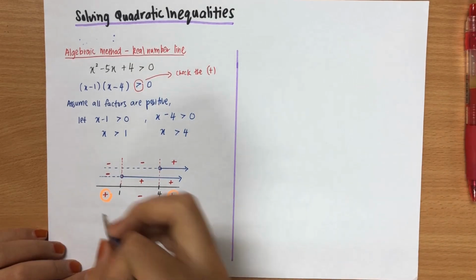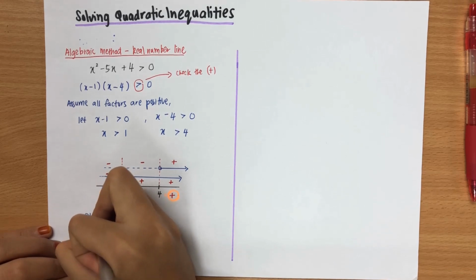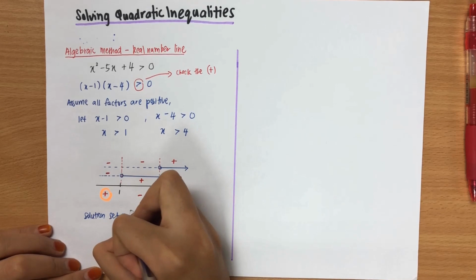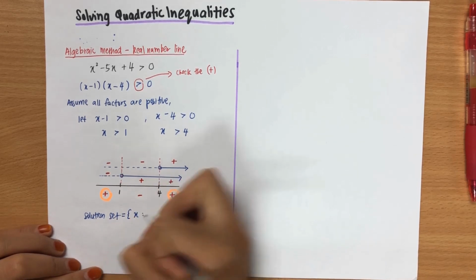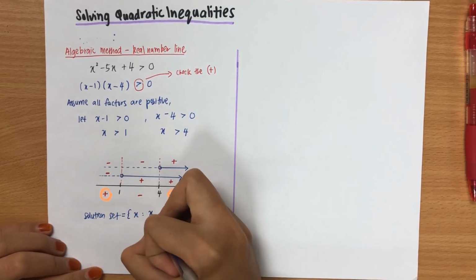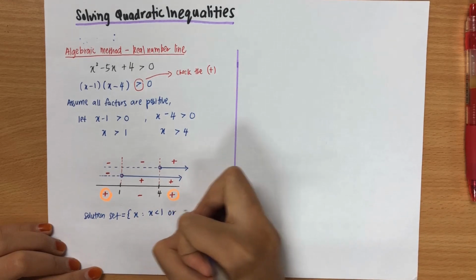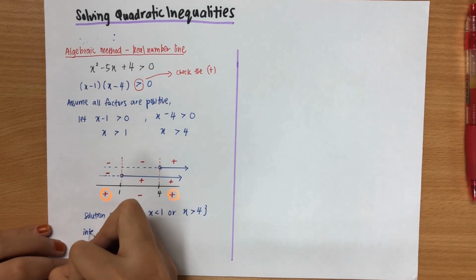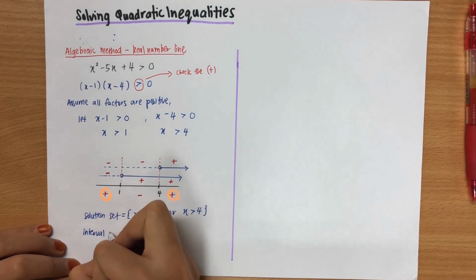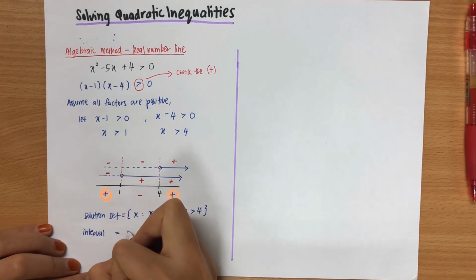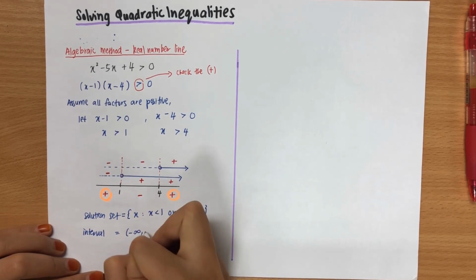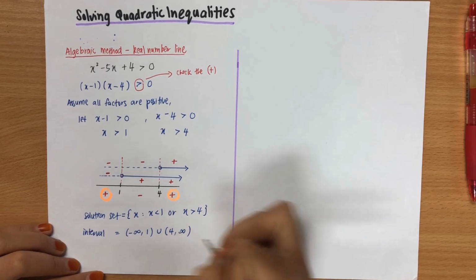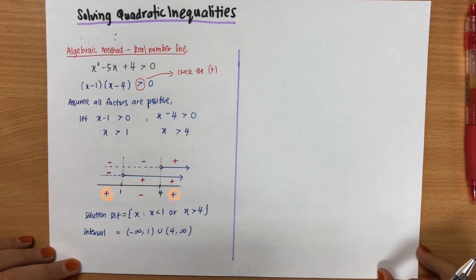So the solution set will be x, where x is less than 1 or x is greater than 4. And if we write it down as an interval, that is going to be negative infinity to 1 union with 4 to infinity. So that is the final answer.